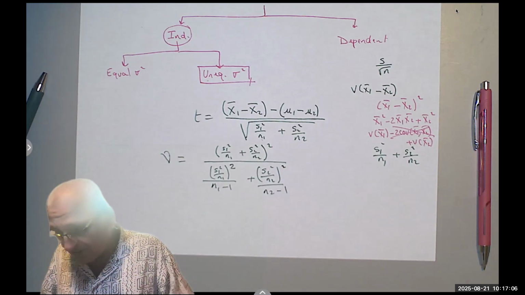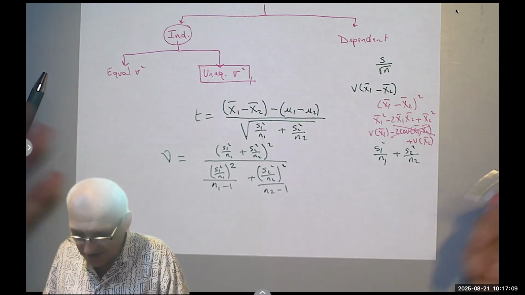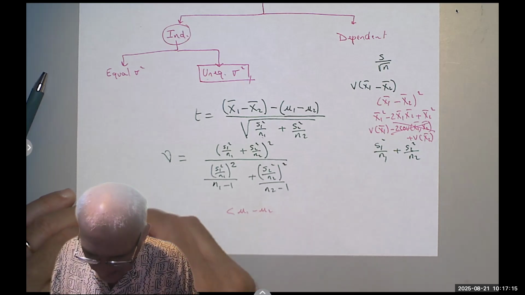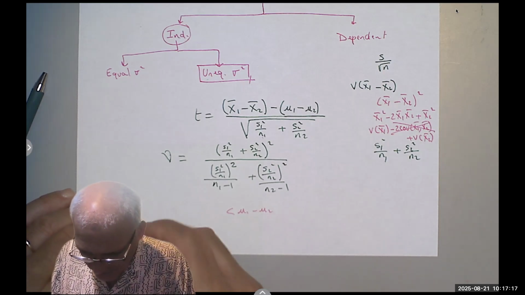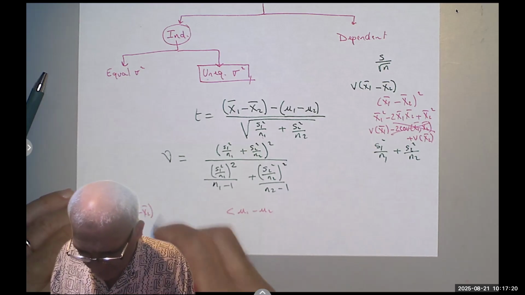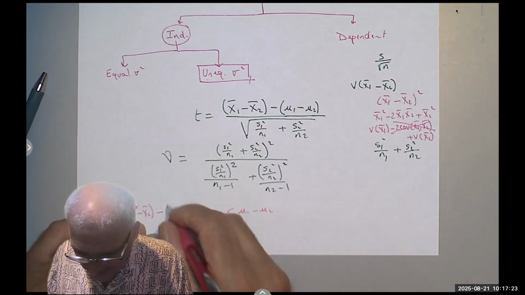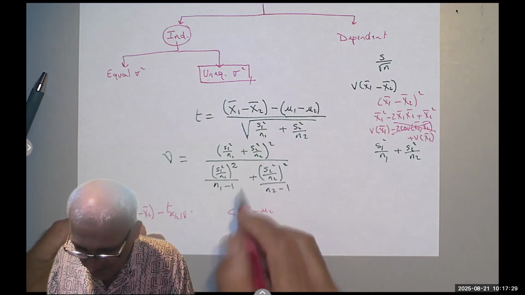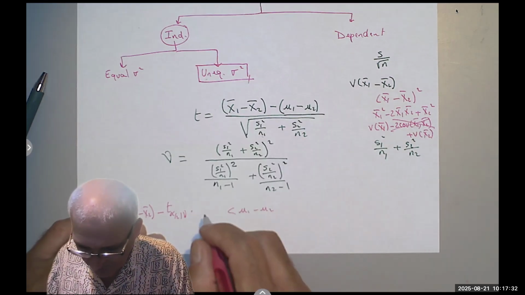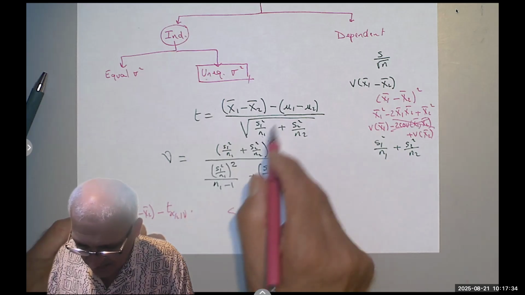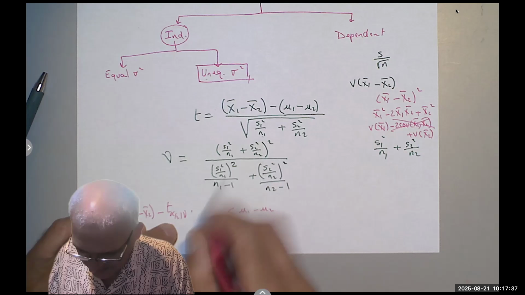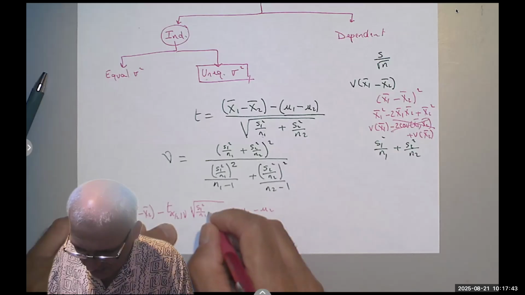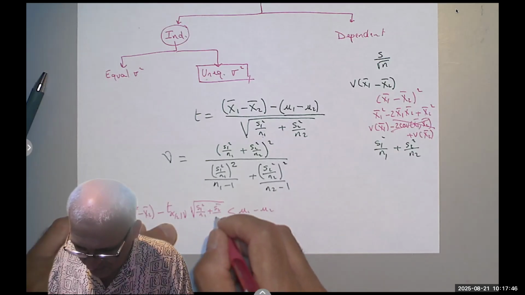So if you want to construct a confidence interval for mu1 minus mu2, you say it's greater than x1 bar minus x2 bar minus t alpha over 2 and this degrees of freedom times the square root of S1 square over N1 plus S2 square over N2.